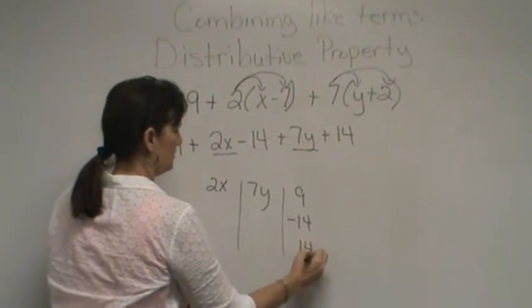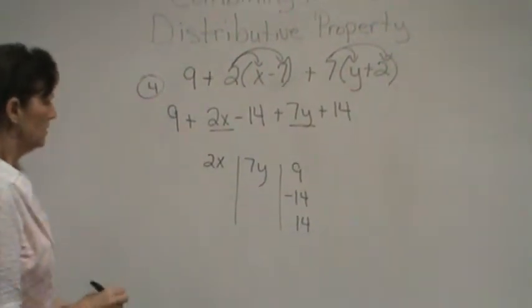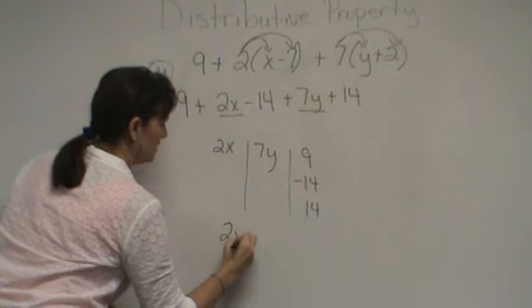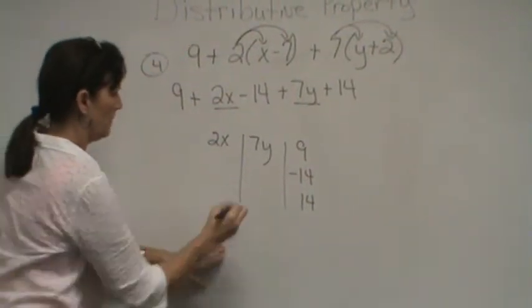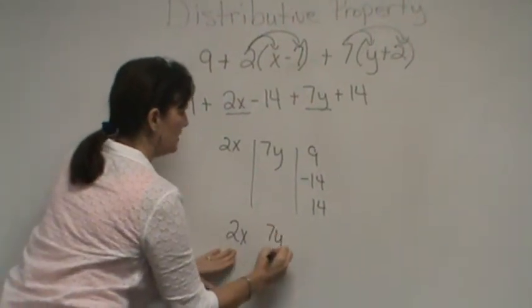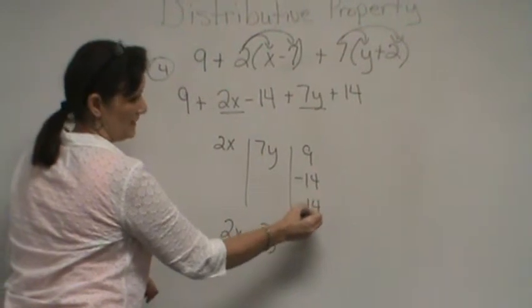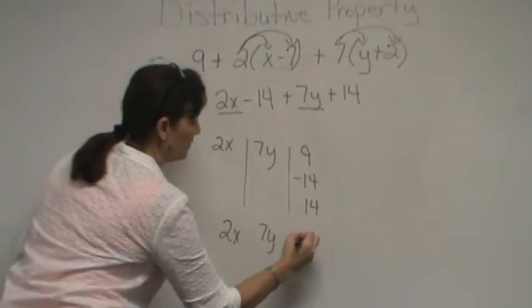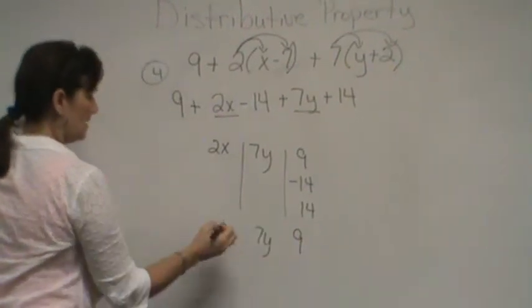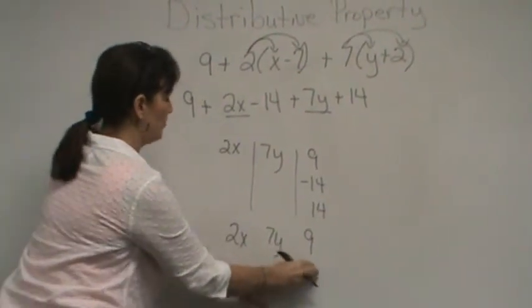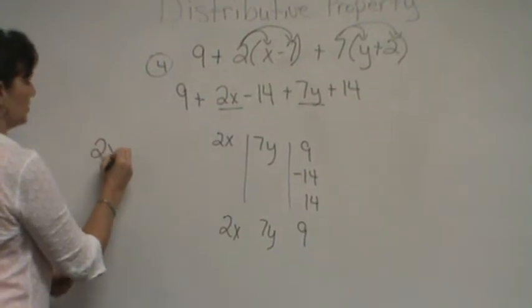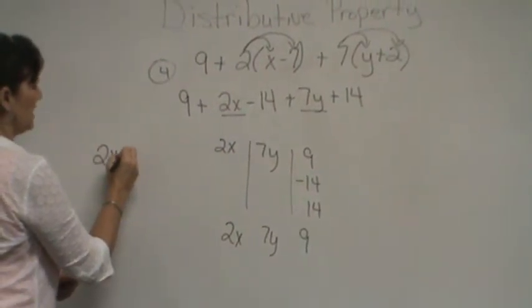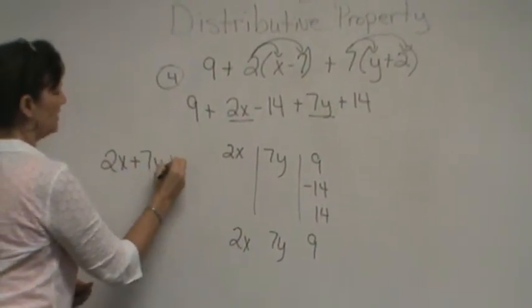I have positive 14. So I have 2x in this column. Here's one term. I have 7y. I know that will give me 0 because those are opposites, 0 pairs. So that would give me a positive 9. So I have 3 terms in my answer. My answer is 2x plus 7y plus 9.